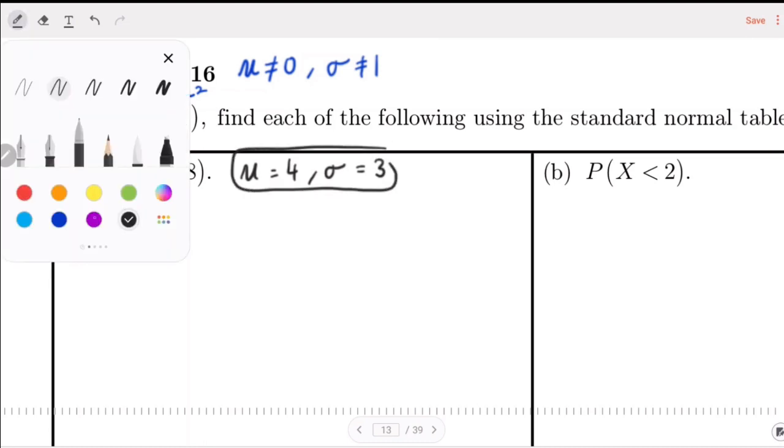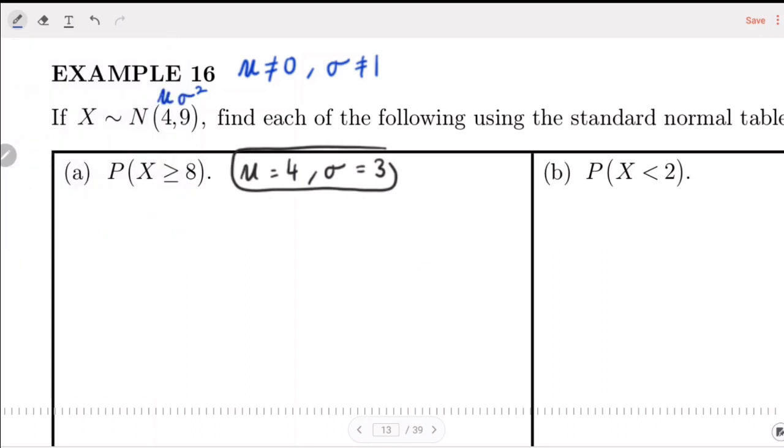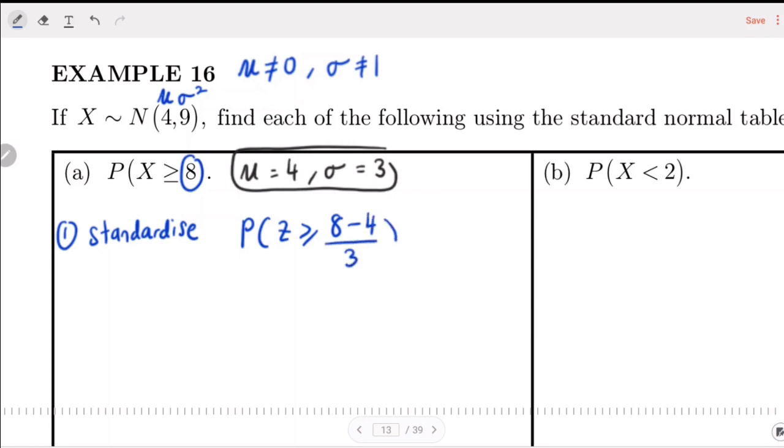So the first step to find the probability for normal distribution is to standardize. How to standardize? We change from X to Z. So our X, which is 8, we have to minus it with our μ, which is 4, and then divide by our σ, which is 3, and then calculate.